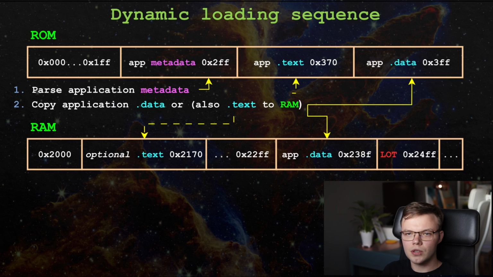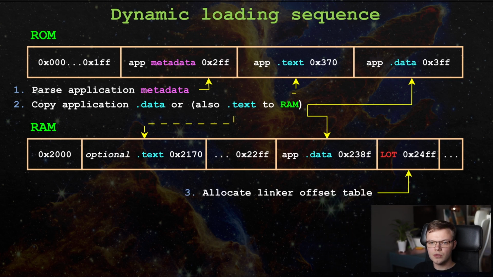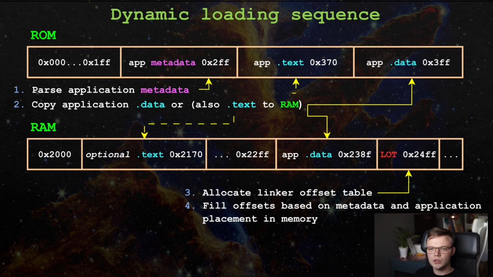On the diagram below there is the RAM layout for this example. Inside RAM, there must be allocated space for the offset table, which must be filled with addresses calculated based on code and data position, and exported or imported symbols. Generally, addresses of memory accesses must be resolved.